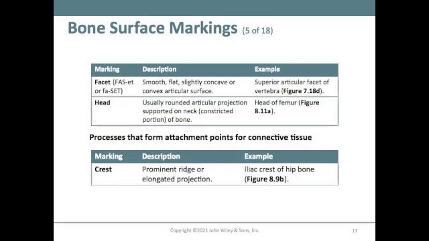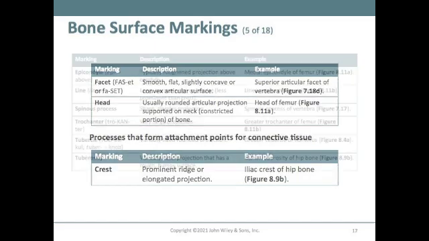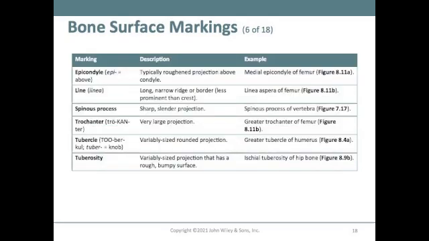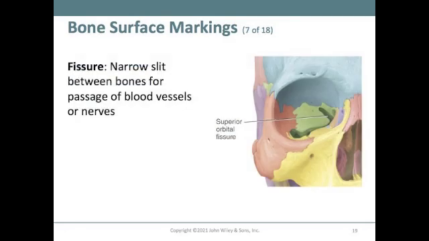A couple other types of processes are the facet and the head. Then we have one process that forms the attachment points for connective tissue, called a crest. And then we've got the epicondyle, the line, the spinous process, the trochanter, the tubercle, and the tuberosity. So this is the fissure that we were talking about.